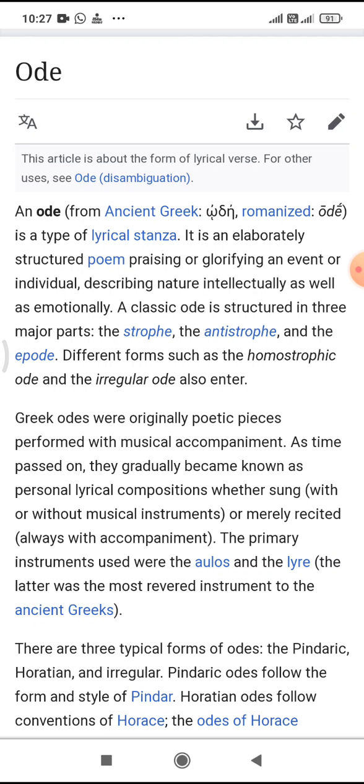The primary instruments used were the aulos and the lyre. These musical instruments were used to accompany odes. The lyre was the most revered and most recognized instrument to the ancient Greeks.